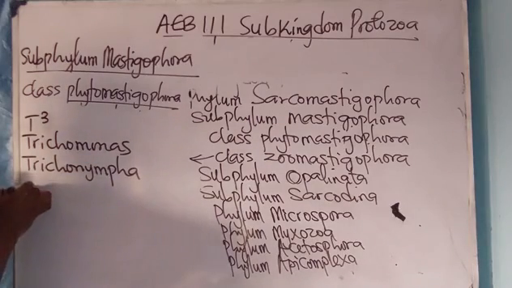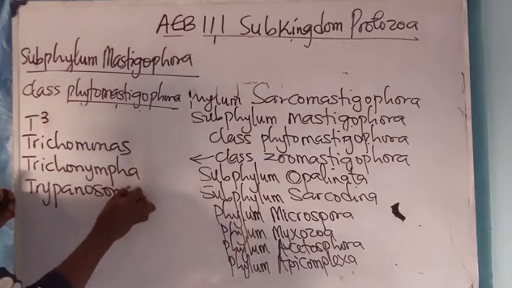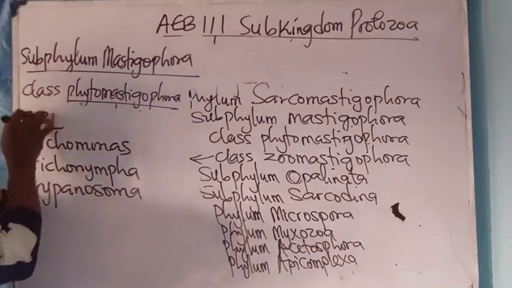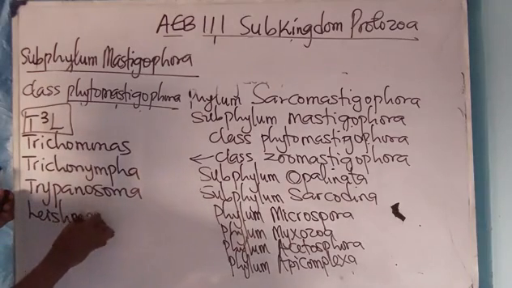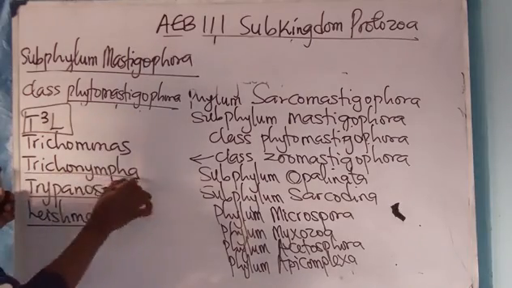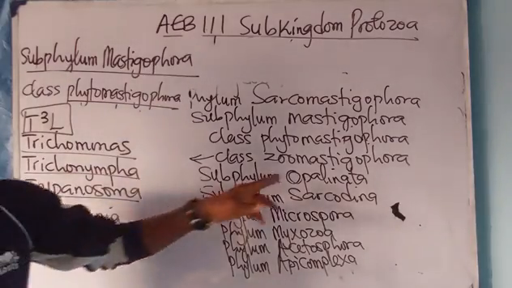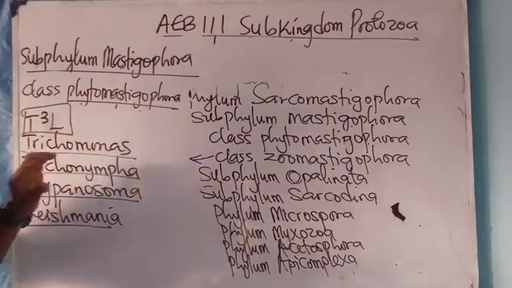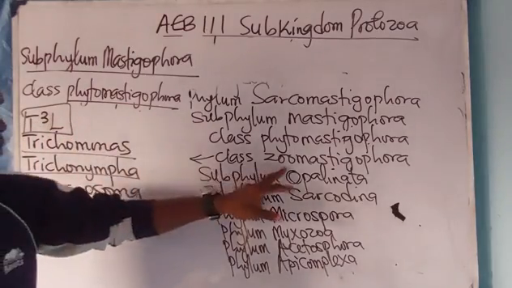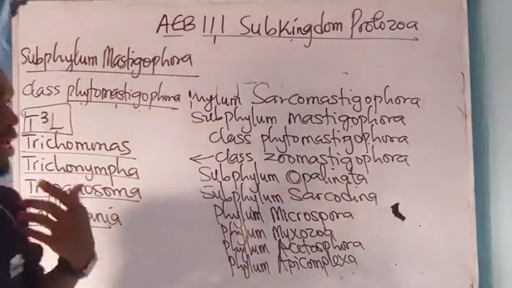We have Trypanosoma. And we have Leishmania. Leishmania, Trypanosoma, Trichonympha, and Trichomonas are all Zoomastigophorans. They are organisms that cannot produce their own food. Please, these organisms are Zoomastigophorans, while the previous ones I mentioned are the Phytomastigophorans, as you all know.